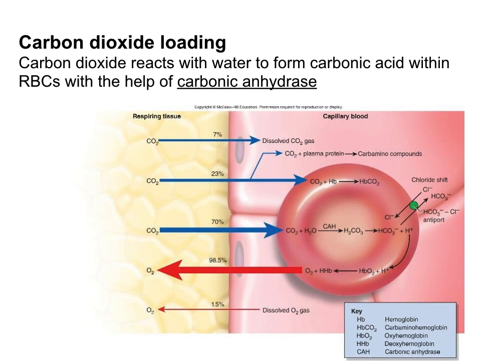Now, carbonic acid then dissociates inside the red blood cell into bicarbonate and hydrogen ions. Once this happens, there's going to be something called a chloride shift. Chloride ions are pumped into the red blood cell, while the bicarbonate is pumped out of the red blood cell.